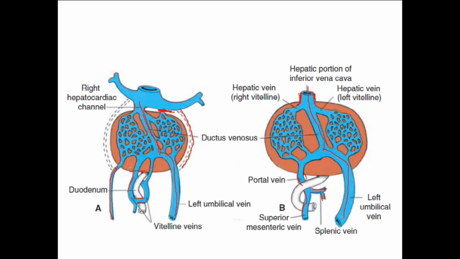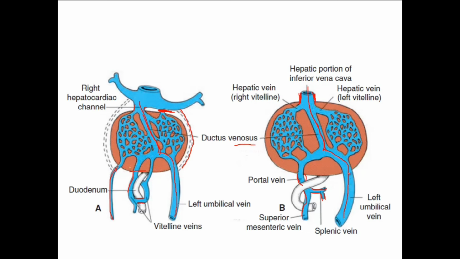That is the pathway. Now what happens to this channel, that is the ductus venosus, and the umbilical vein after birth? This ductus venosus will convert into a fibrous ligament which is called the ligamentum venosum. This will form the ligamentum venosum.